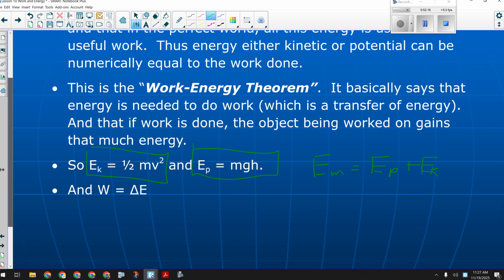If you are moving at 2 meters per second versus 4 meters per second, it will take you 4 times as far to stop if you double your speed. If you triple your speed, 9 times as far to stop. So you've got to consider that when you're driving. Speed exponentially affects your stopping distance.